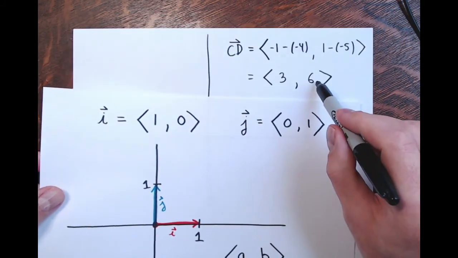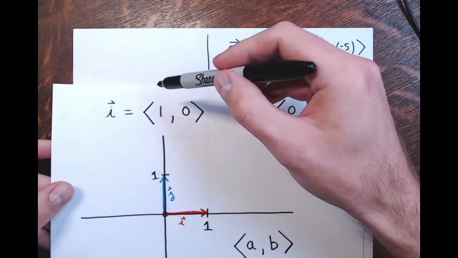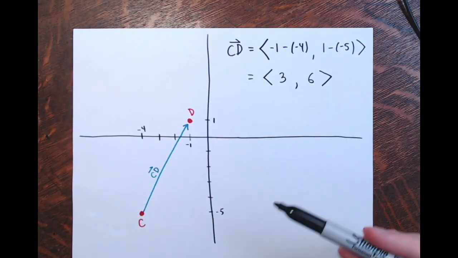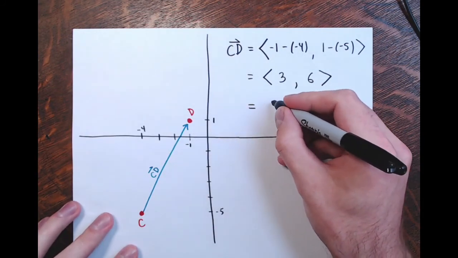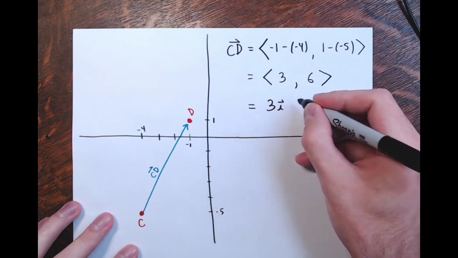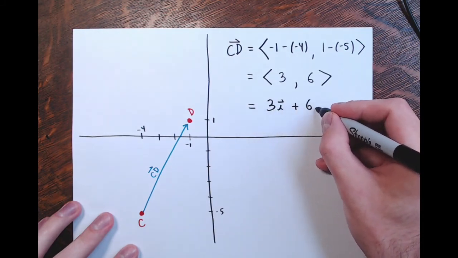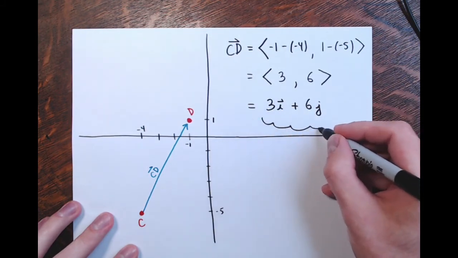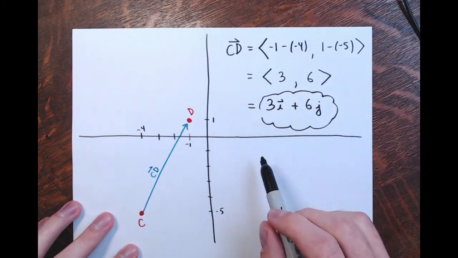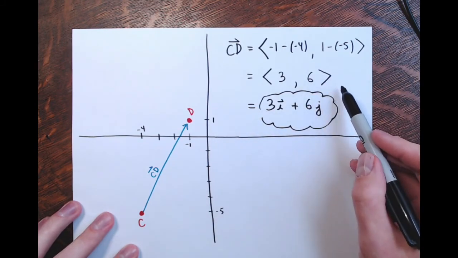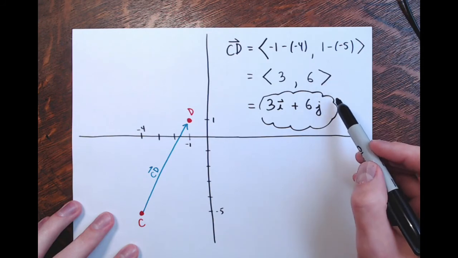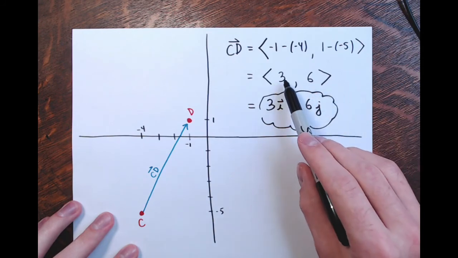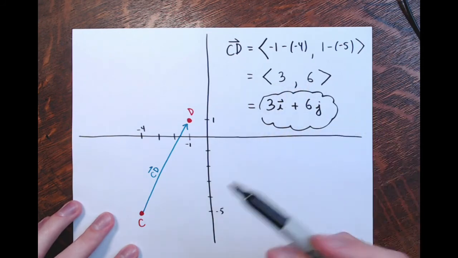And if I move up 6, that's 6 of these j's. So this is equivalent to 3 times vector i plus 6 times vector j. And this is what they're asking for right here. So again, these mean the same thing. They're representing the same vector, moving right 3 up 6, but written in different notation.